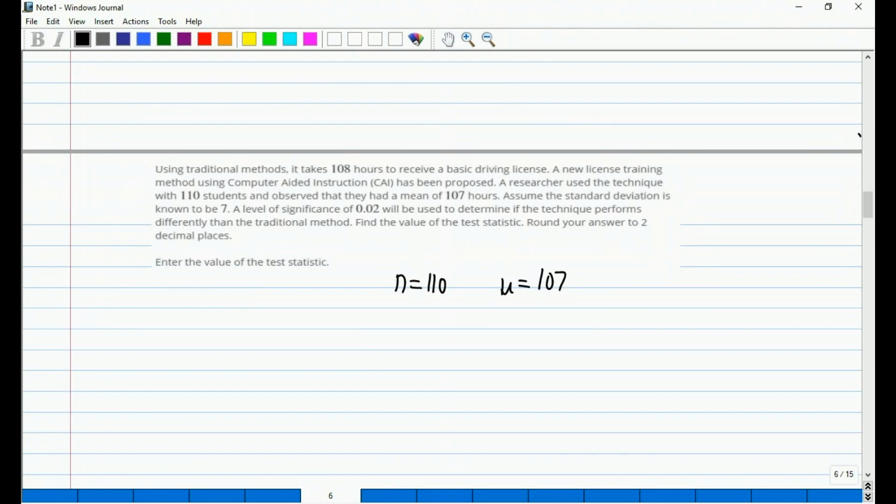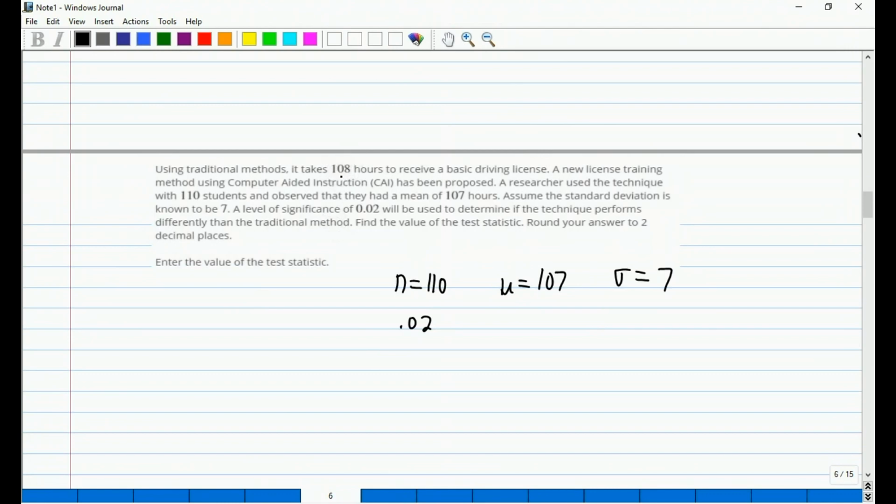All right. Assume the standard deviation is known to be 7. A significance of 0.02 will be used to determine if the technique performs differently than the traditional method.